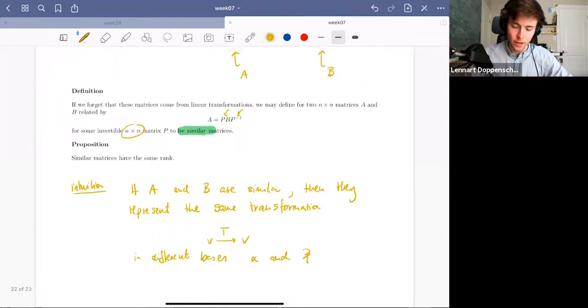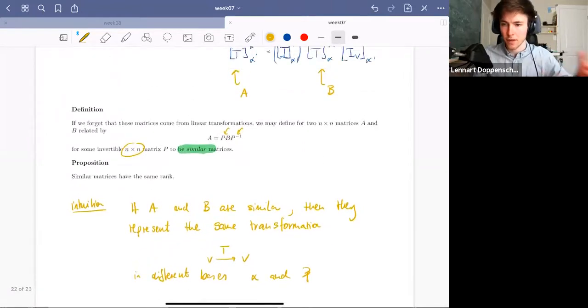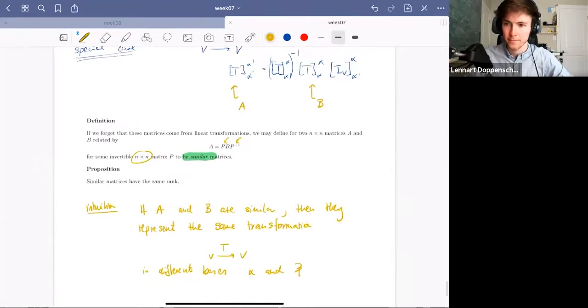So you can think of similar matrices as just being different representations or different representatives of the same transformation, only for different choices of bases. Any questions?